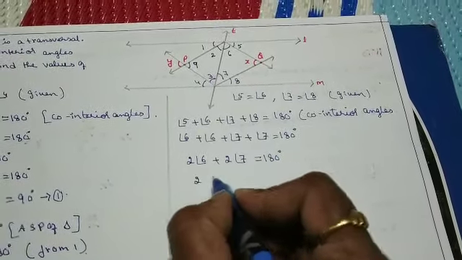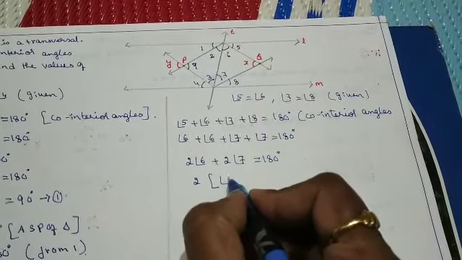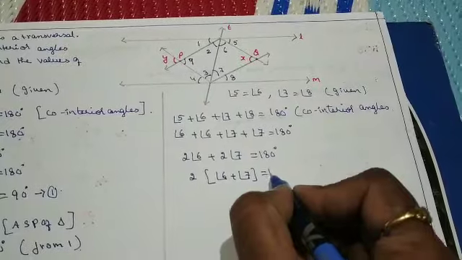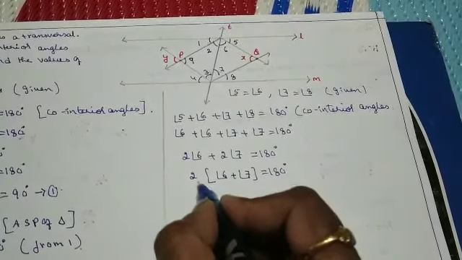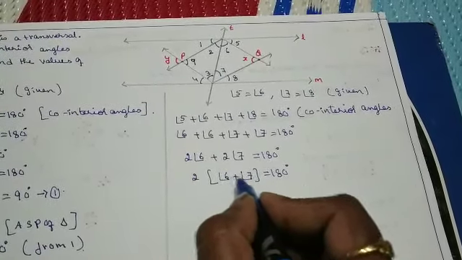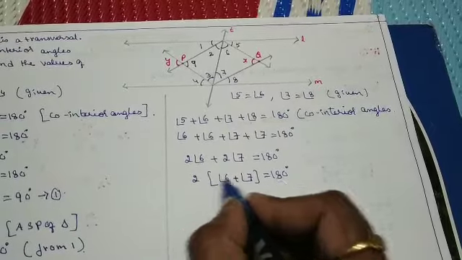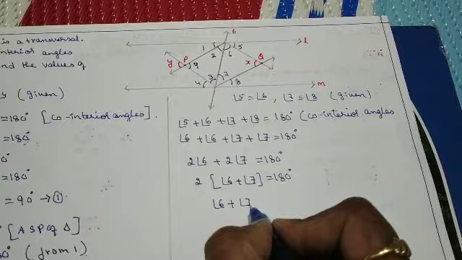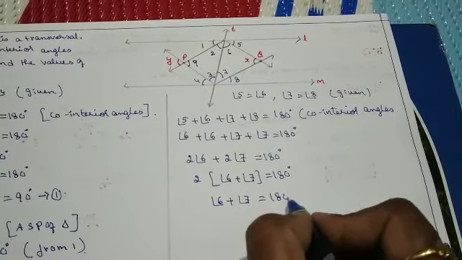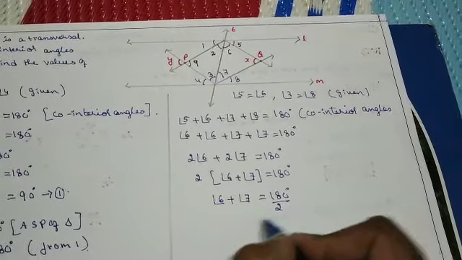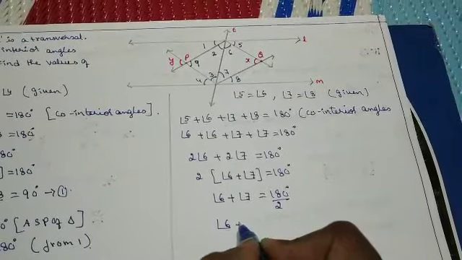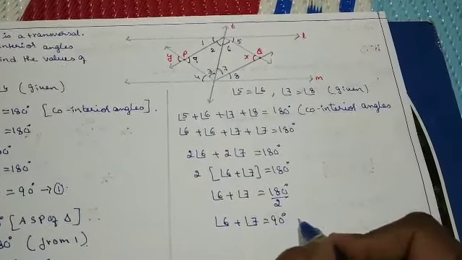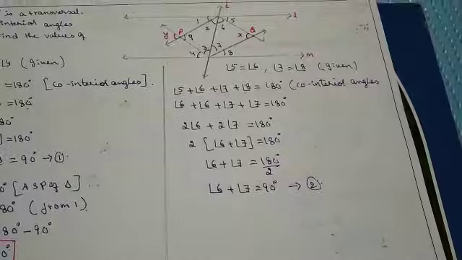If I take 2 common, then what is left is angle 6 plus angle 7 equal to 180 degree. How is this 2 related to the sum of these two angles? Under multiplication, so it changes to division. Angle 6 plus angle 7 equal to 180 divided by 2. Then angle 6 plus angle 7 equal to 90 degree, called equation 2.